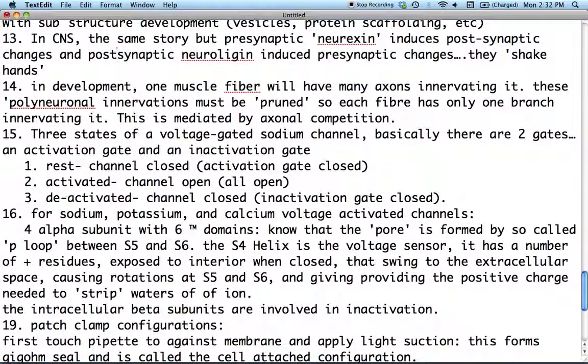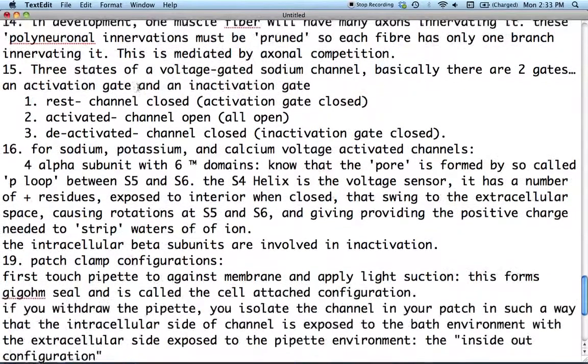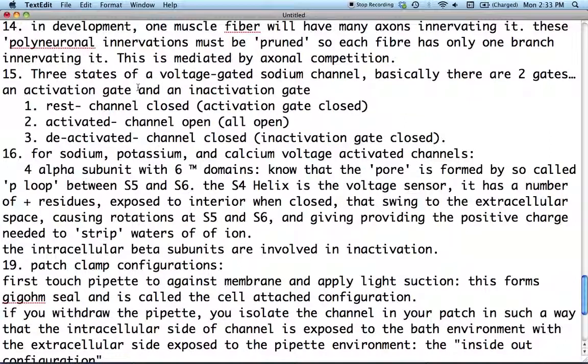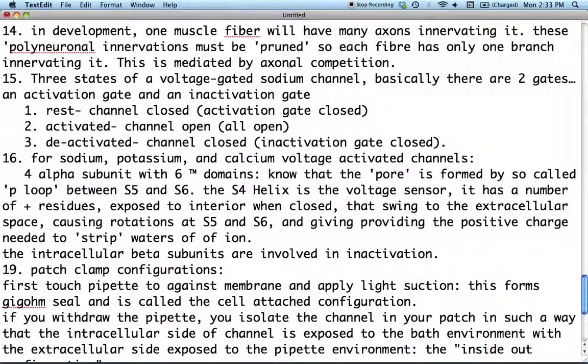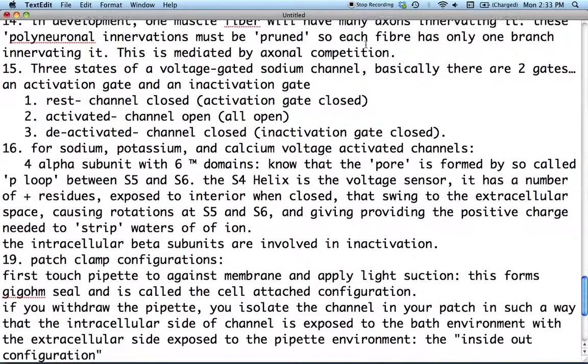So neurexin and neuroligin shake hands, and neurexin is going to induce your postsynaptic changes, and your postsynaptic neuroligin is going to induce presynaptic changes. In development, one muscle fiber will have many axons innervating it, but these polyneuronal innervations must be pruned so that each fiber has only one branch innervating it. This is mediated by axonal competition, the details of which I'm not very clear on.